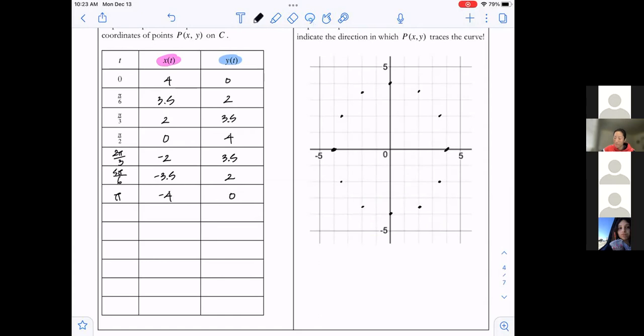Right? So which direction should my arrows go in? They should indeed go counterclockwise, all right?